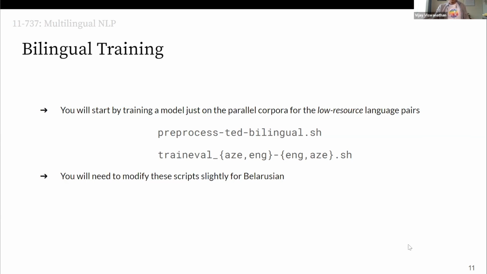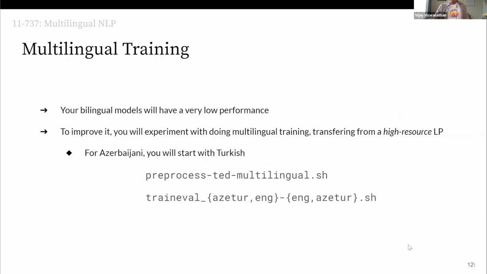But then the more interesting bit, which is also required in our minimal expectations, is to train multilingually using a transfer language, which in the case of Azerbaijani is Turkish. We have scripts to do this already for both bilingual and multilingual, but you'll have to modify these scripts minimally in order to support Belarusian.